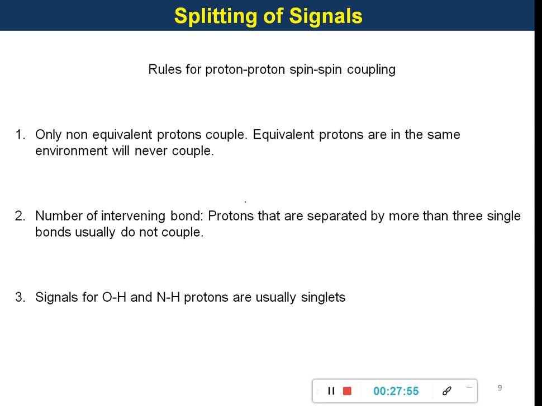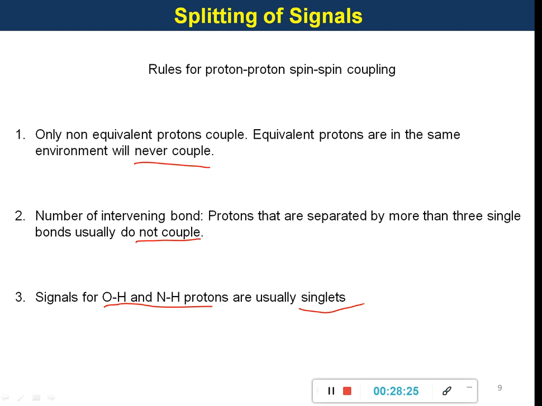Protons that are separated by more than 3 single bonds do not couple because they are not close enough to each other. Hence, there is no influence by each other's magnetic field, and signals for OH and NH are usually observed as singlets.